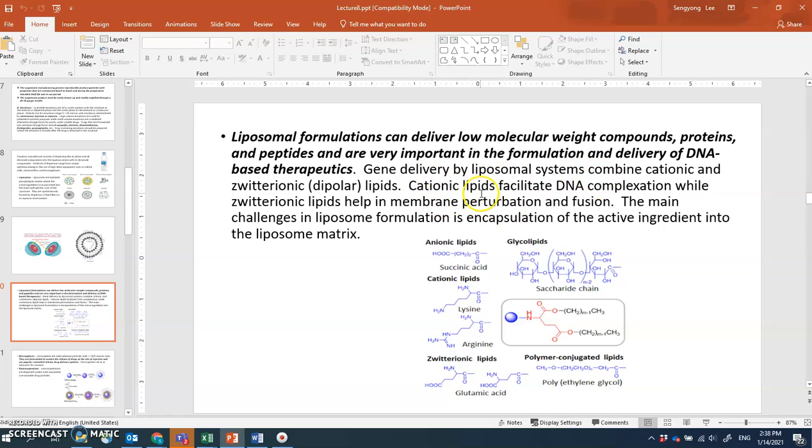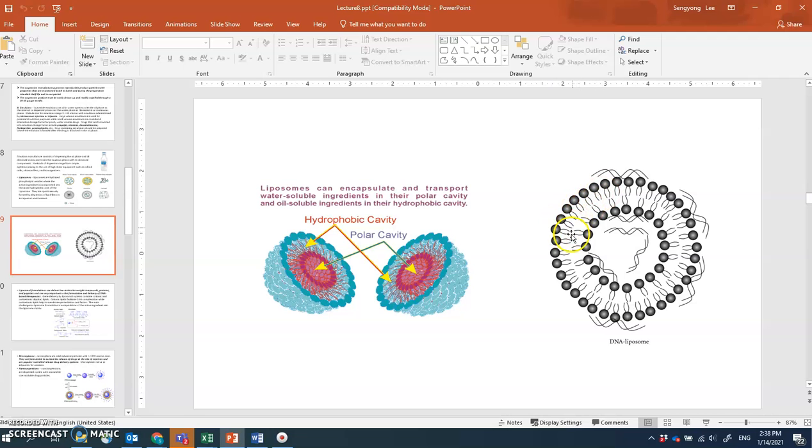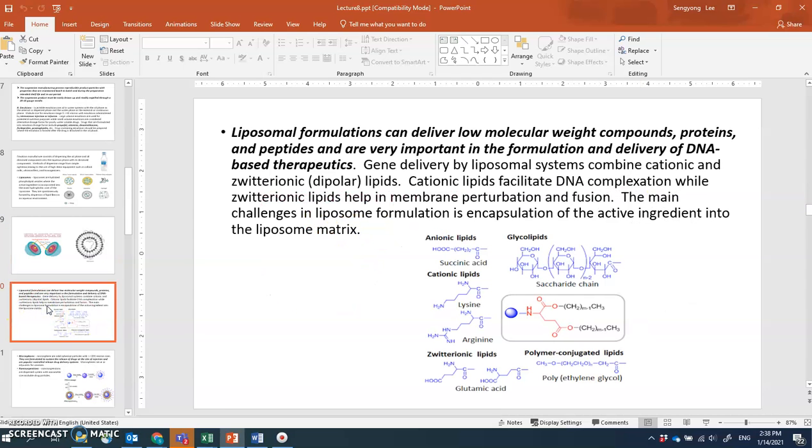So the cationic lipid facilitates DNA complexation, while zwitterionic lipid helps in membrane perturbation and fusion. So what it means is, again, these are lipid bilayer. So your cell membrane is also lipid bilayer. So this liposome can be fused with the cell membrane. That's what it means. So it can help the delivery of drug molecule into the cell through that mechanism. Okay.